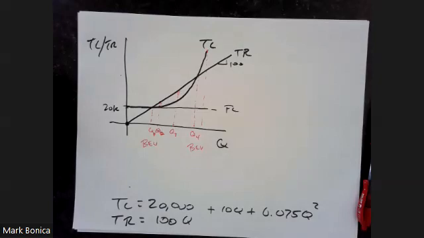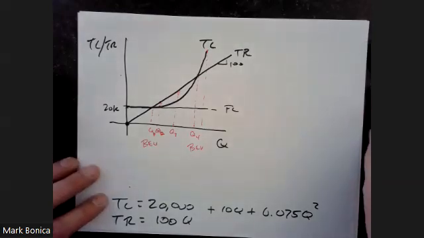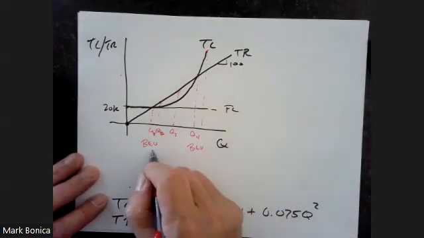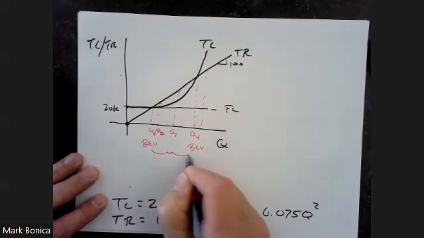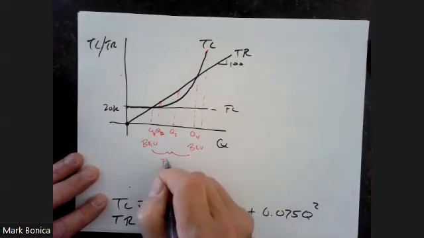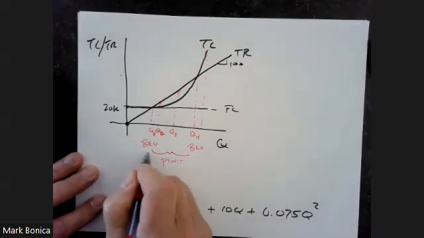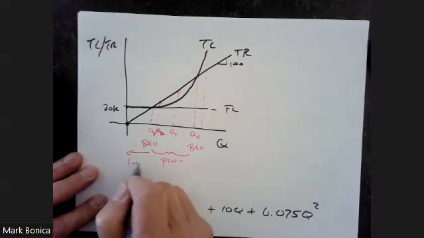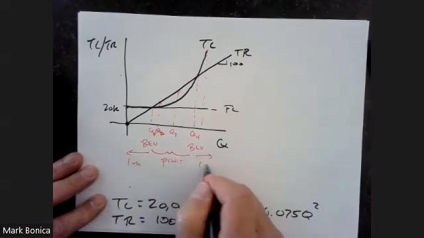So we have a loss. So our zone of profit is between the two break-evens, and to the left is loss, and to the right is loss.